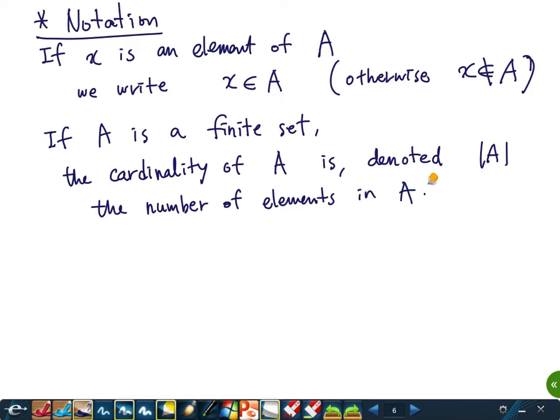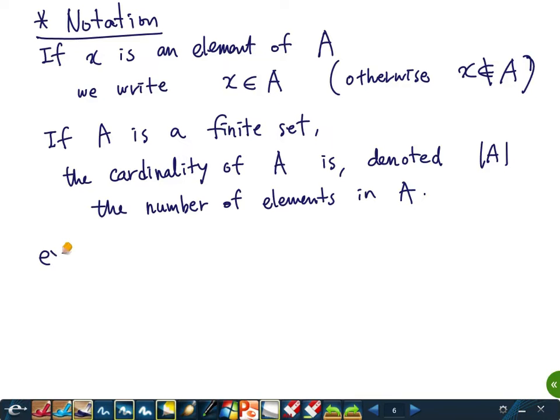If A is a finite set, maybe the most fundamental question to ask is this: what is the cardinality of this set? What is the number of elements in this set?